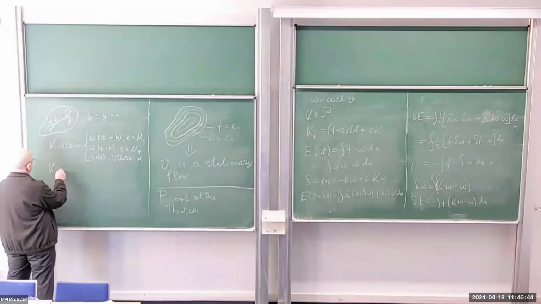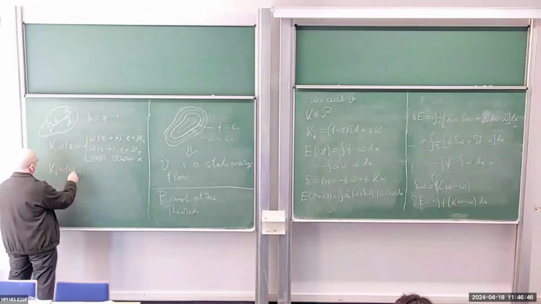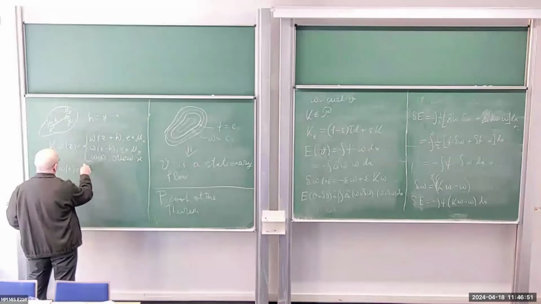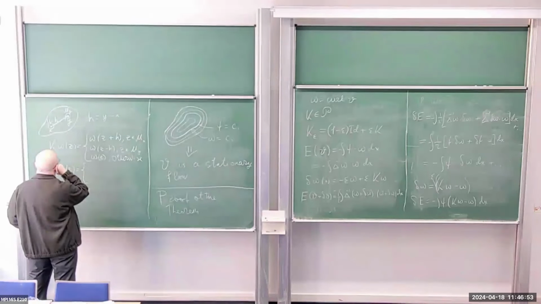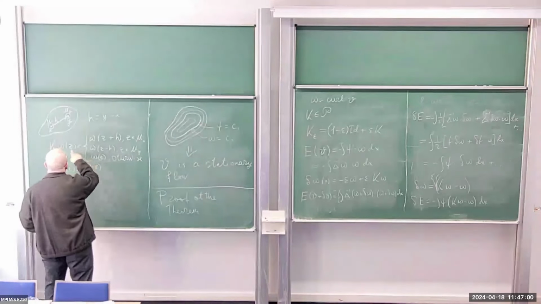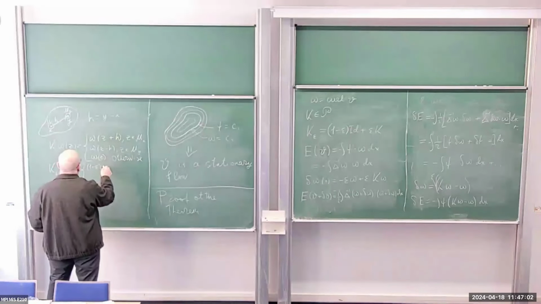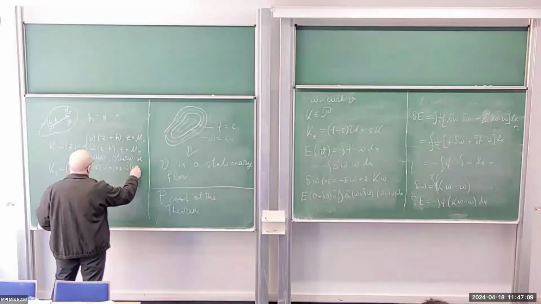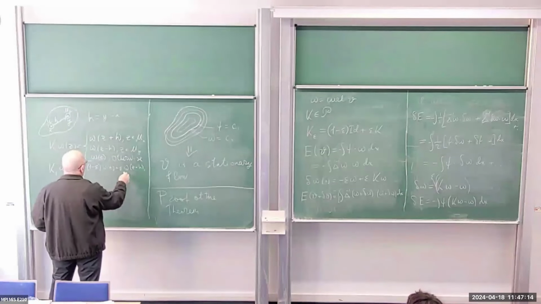Omega epsilon of Z equals (1 minus epsilon) omega of Z plus epsilon omega of Z plus H when Z in Mx.